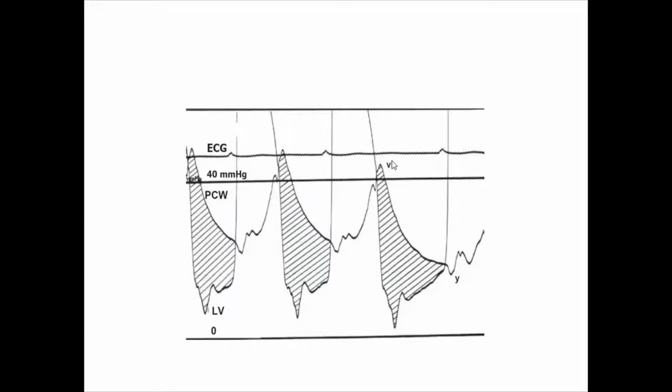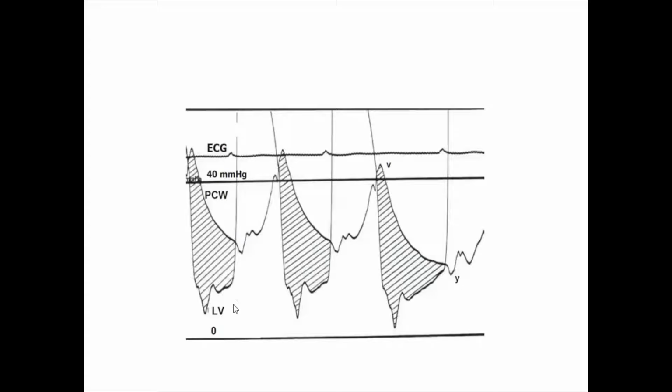This prominent V wave in pulmonary capillary wedge pressure indicates significant MR. What caused high pressure in the left atrium when plotted with the LV, and the LV EDP is around, for example, maybe 10, 15, it is not that high. So a high V wave indicates significant or severe MR.